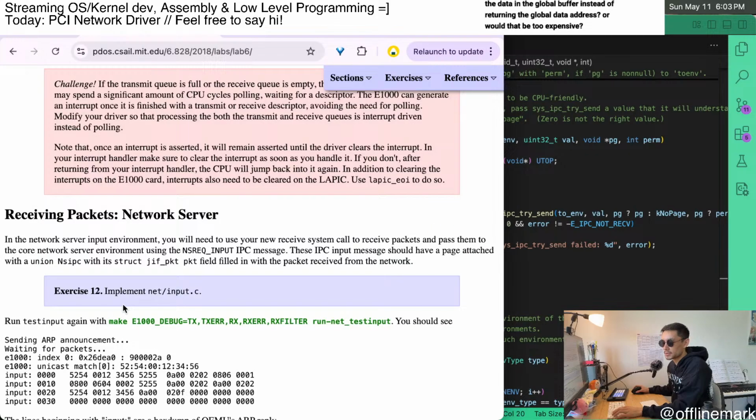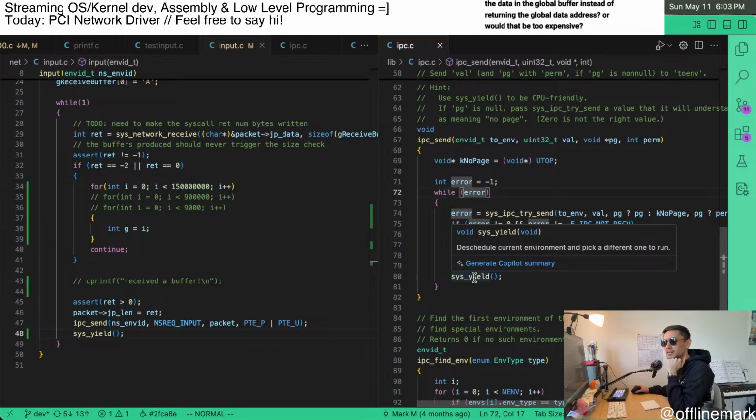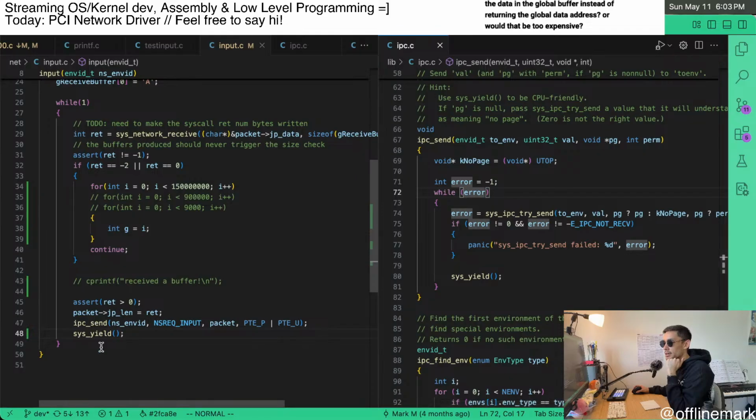Okay, back to, sorry. The race is the access to the packet pointer. IPC already yields, exactly. But there's only a single core here.